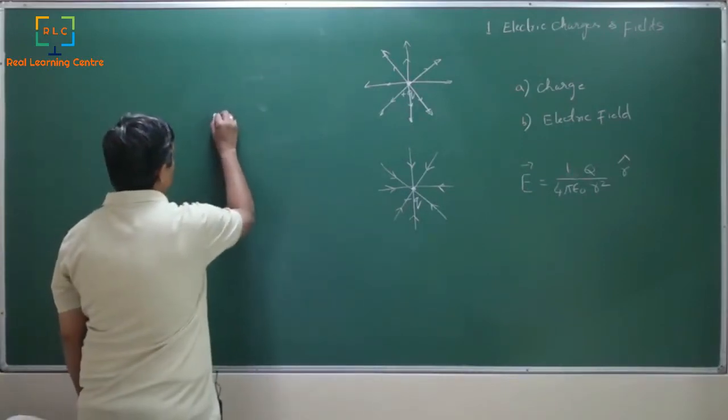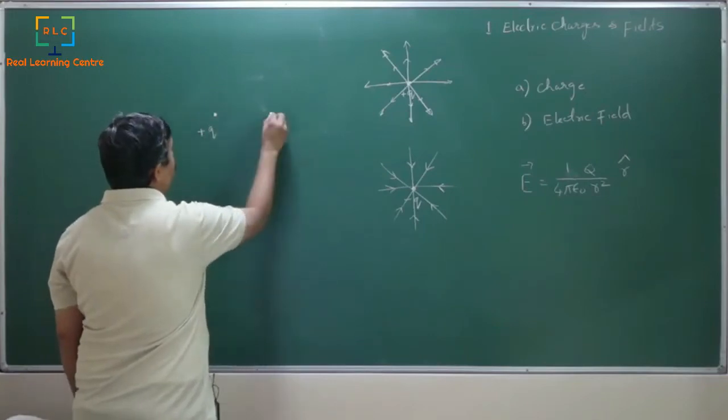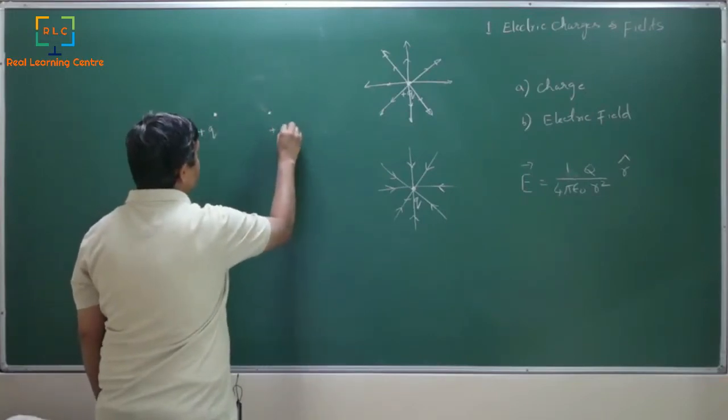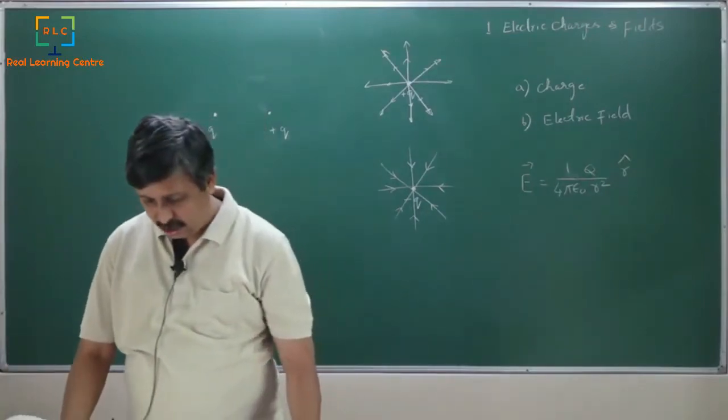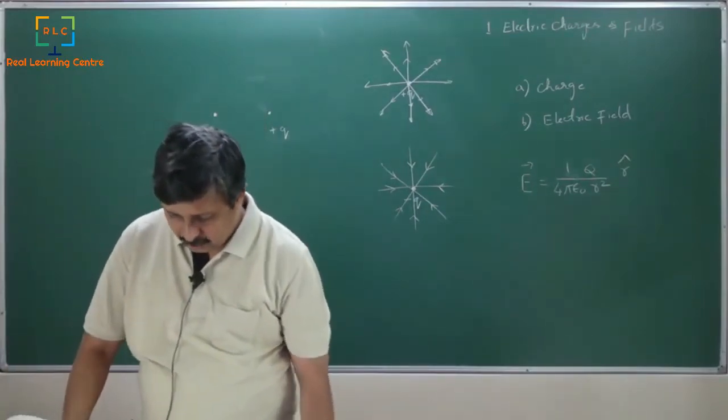Let us say I am going to put one positive charge here, and one more positive charge here. So how does it look? Two positive charges, if I keep them together like that, how do they look?